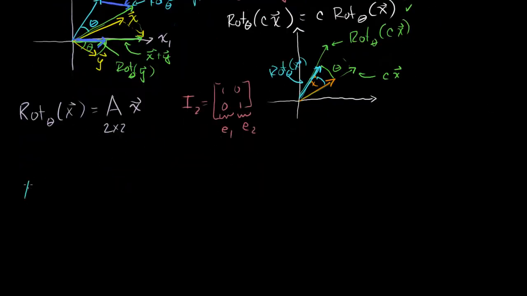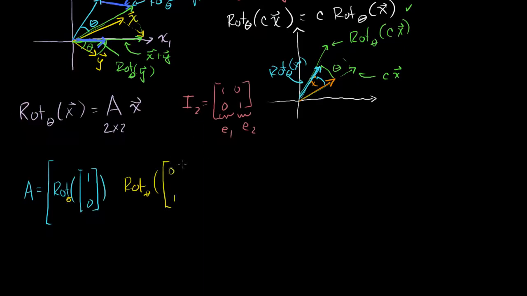Our matrix A is going to be, the first column of it is going to be our rotation transformation performed on the vector 1, 0. And our second column is going to be the rotation transformation, there's a little theta here that I'm forgetting to write, times the second column vector, or the transformation of that 0, 1. This is what our A is going to look like.